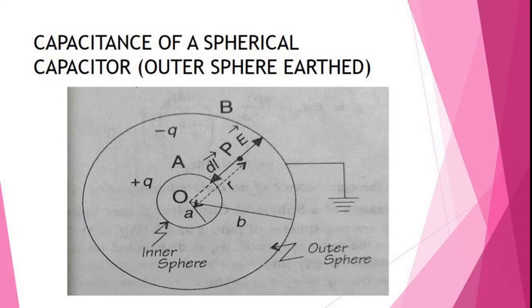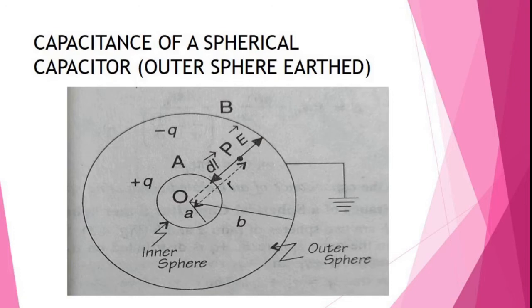So we consider the point P which is at a distance r from the center O. What is the expression for the electric field at P? The electric field, vector E, is equal to 1 by 4 pi epsilon 0 Q by r square into r cap, where r cap is the unit vector acting along OP.